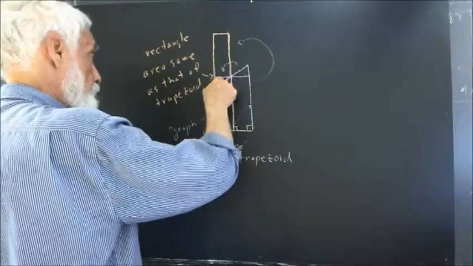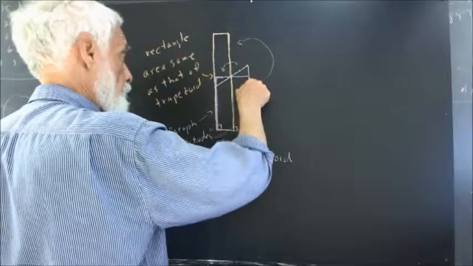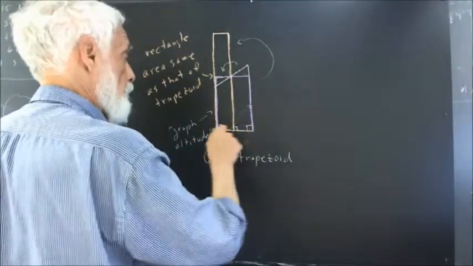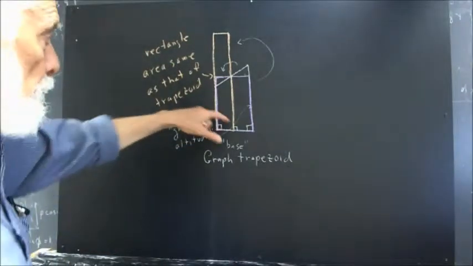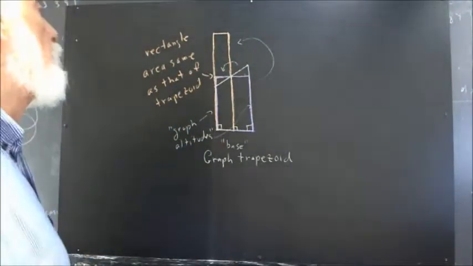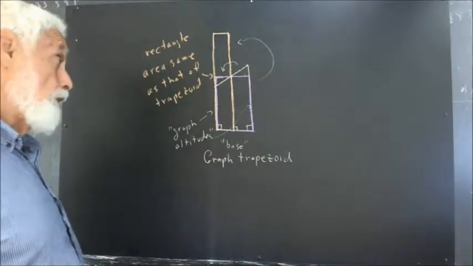And incidentally, if you can think of a third way to make a single cut that allows us to rearrange the trapezoid into a rectangle, please let me know about it, because I don't know of a third way.